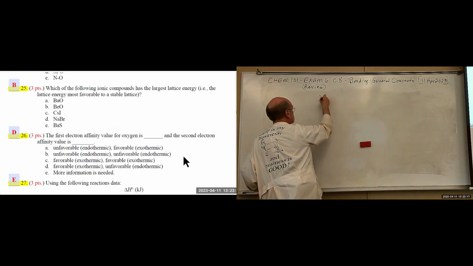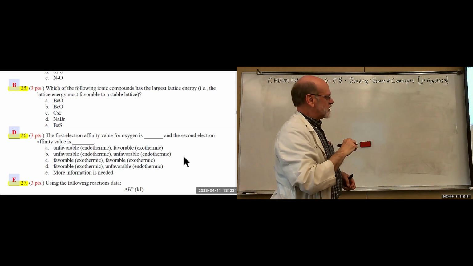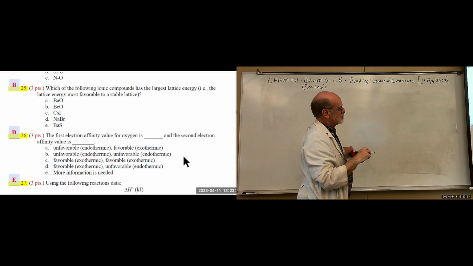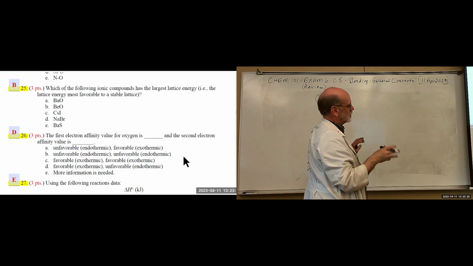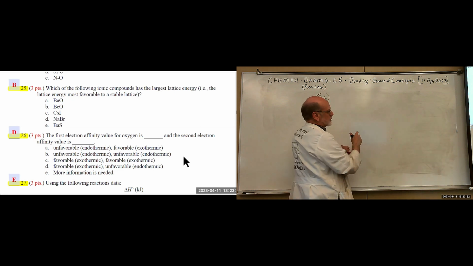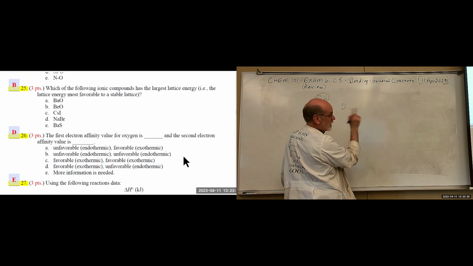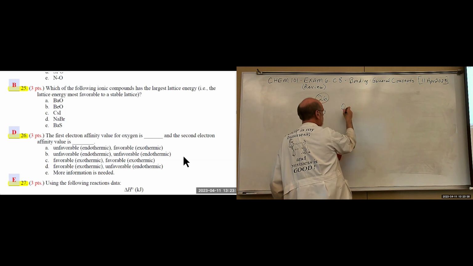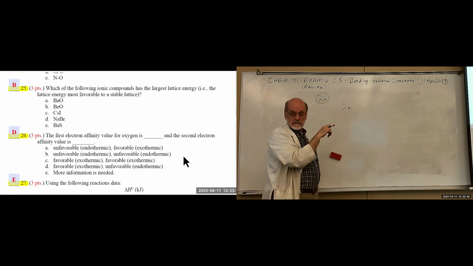26. The first electron affinity value for oxygen is blank, and the second electron affinity is blank. Unfavorable, favorable. Okay. So for the first electron affinity, we need oxygen in the gaseous state, monatomic.